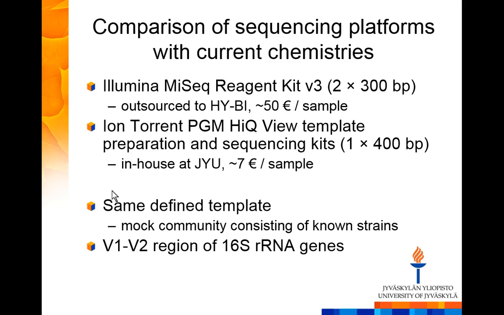Actually, the protocol nowadays recommended at the Institute of Biotechnology and, for example, by the Turku sequencing facility that a lot of people in Finland use is the V3, V4 protocol that will give you a longer amplicon than this. So this was a nice small amplicon that should work pretty well with both.